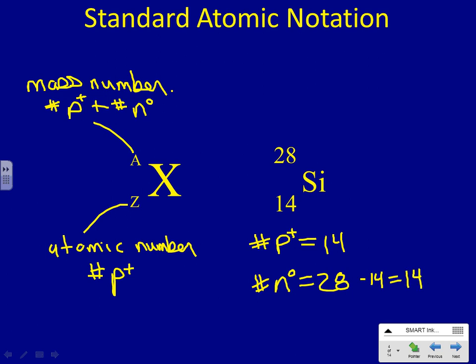Now, at this point, different teachers might have taught you different mathematical equations to get this. Because you could do this. You could say here, if this plus this equals A, then I could rearrange this, and I could bring the protons to the other side, and I could say the number of neutrons is equal to A minus the number of protons.